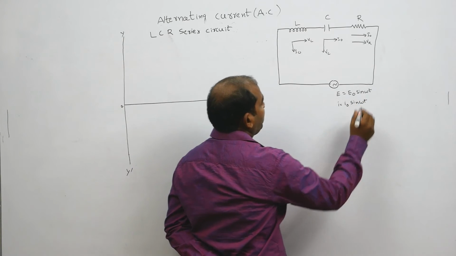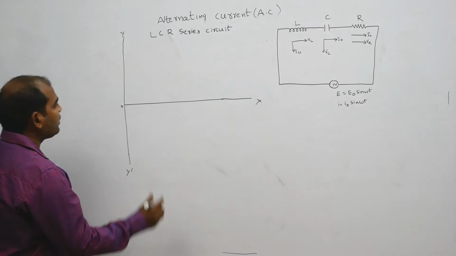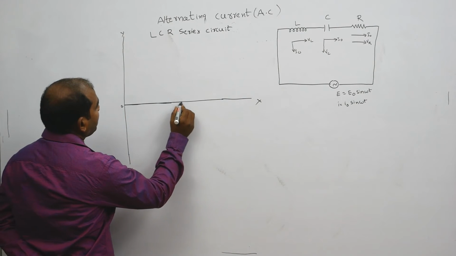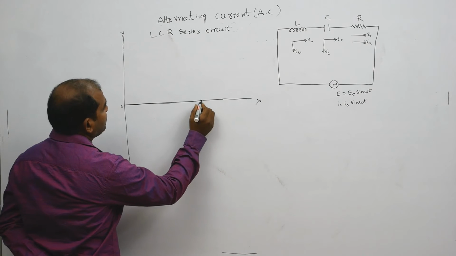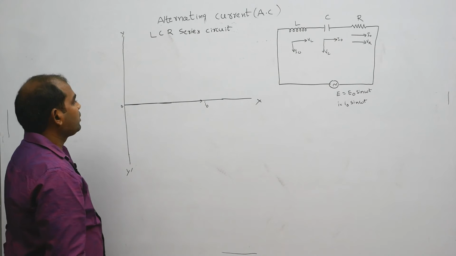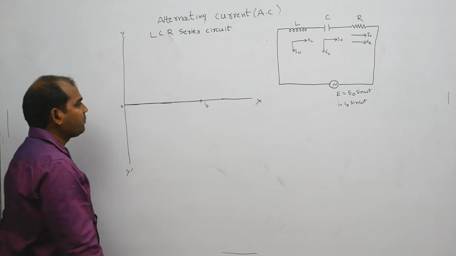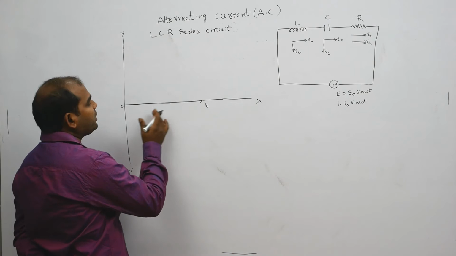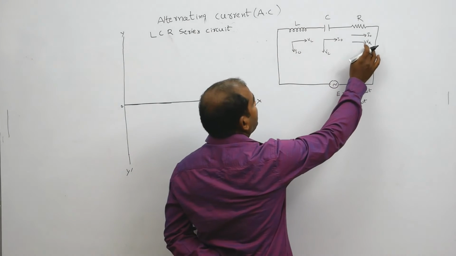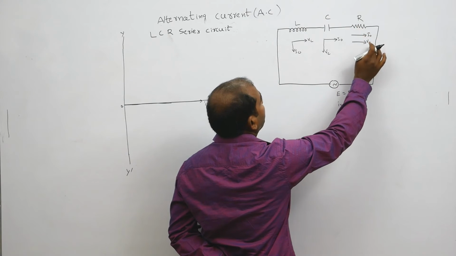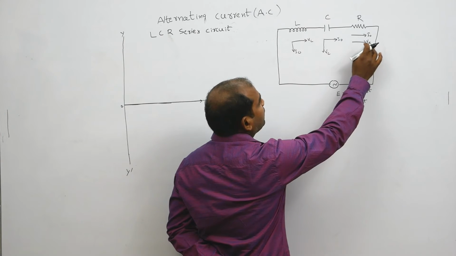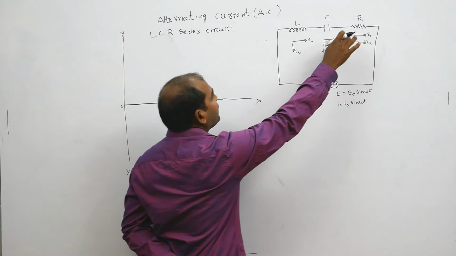So the current phasor is taken along the x-axis. Let's suppose this is I naught, the I naught phasor. When the current is taken along the x-axis, the EMF phasor for pure resistance, denoted by VR, is also in the direction of I naught.